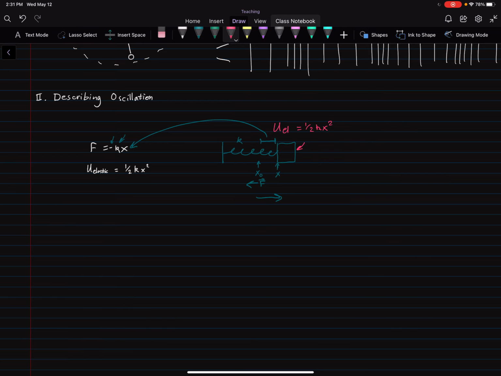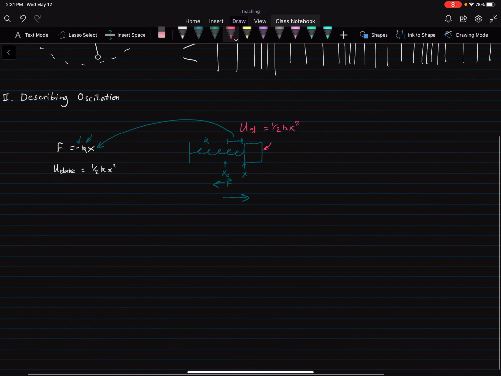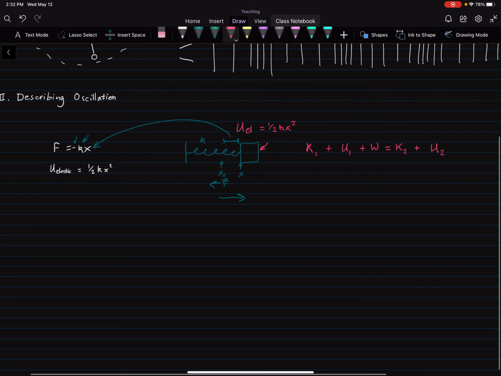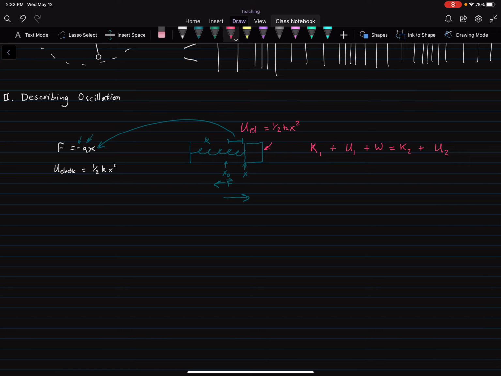You probably remember the work-energy theorem equations: the kinetic energy initially plus the potential energy initially plus whatever outside work is done equals the kinetic energy at the second point plus the potential energy at the second point. We're usually interested in quantifying how much potential energy there was at the beginning and at the end, and how much that changed.